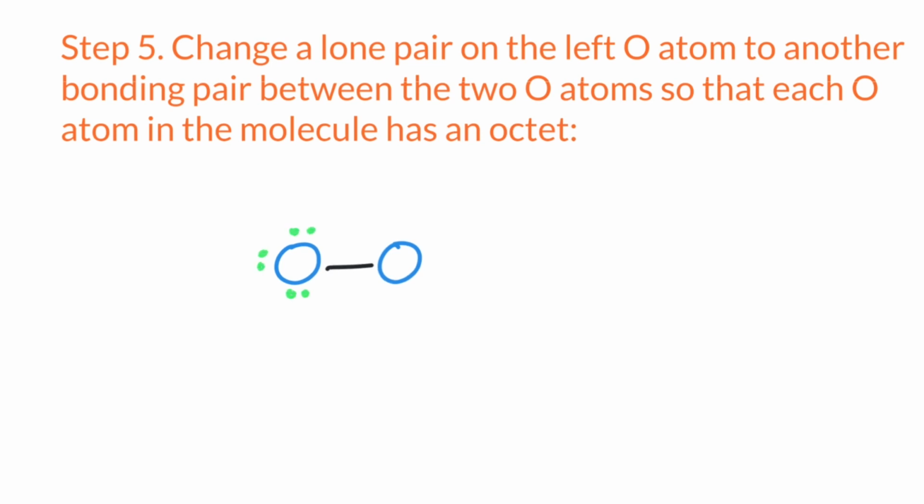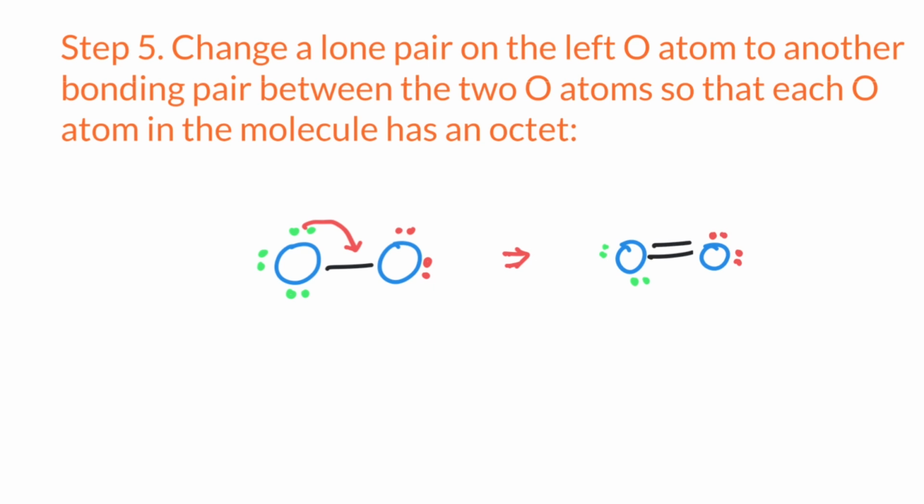Then this pair I am converting into the bond pair. Then we have this is a lone pair, and this is also a lone pair. Then this one is converted as a bond pair, so I will convert it as another bond.